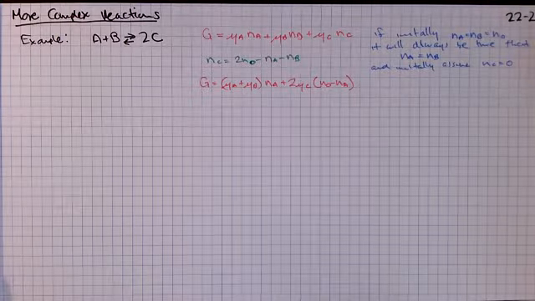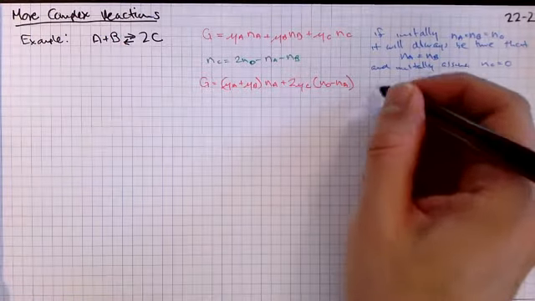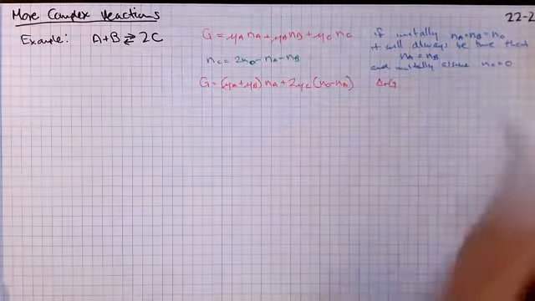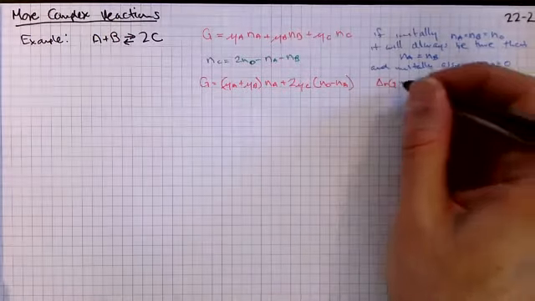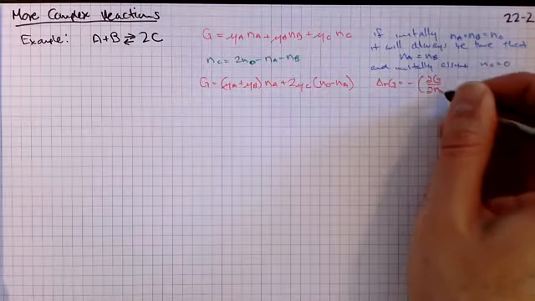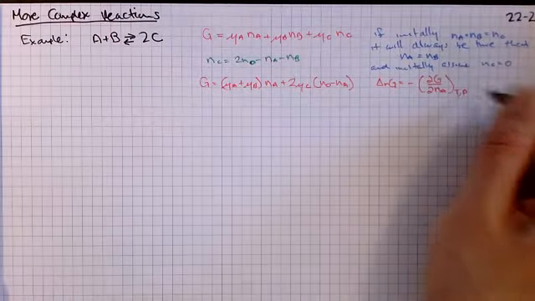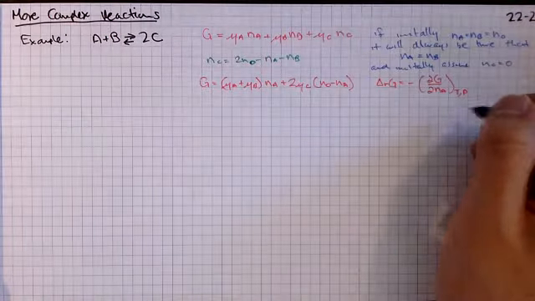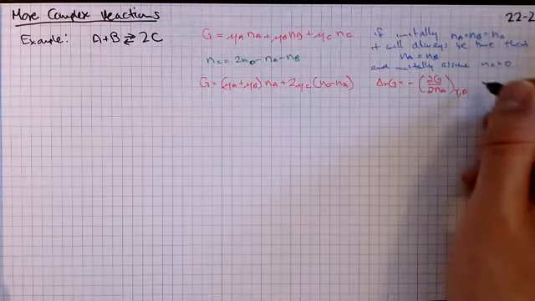And this gives us a way then to calculate our delta R G, our rate of reaction of G, which would be equal to minus the derivative of G with respect to NA at constant temperature and pressure. And we know that that will be equal to 0 in equilibrium.